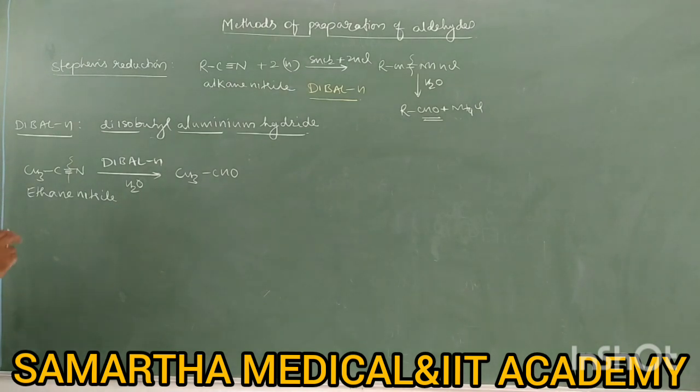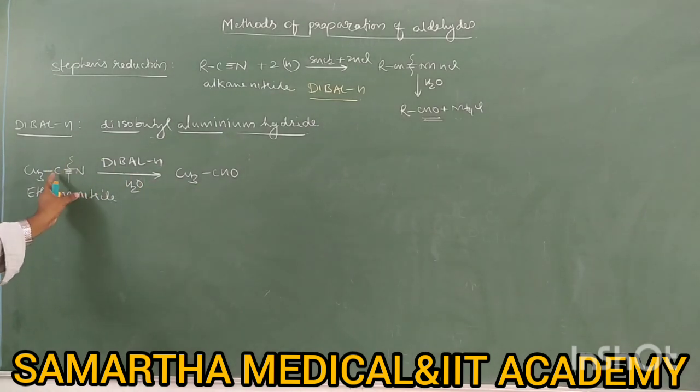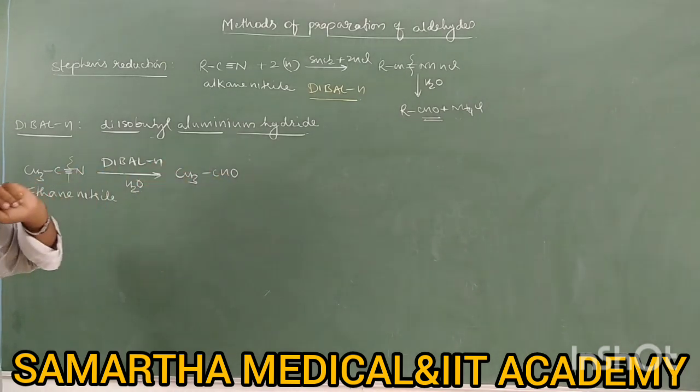The important point about DIBAL-H is that it is a selective reducing agent which reduces the cyanide group to an intermediate, then hydrolysis gives the aldehyde.